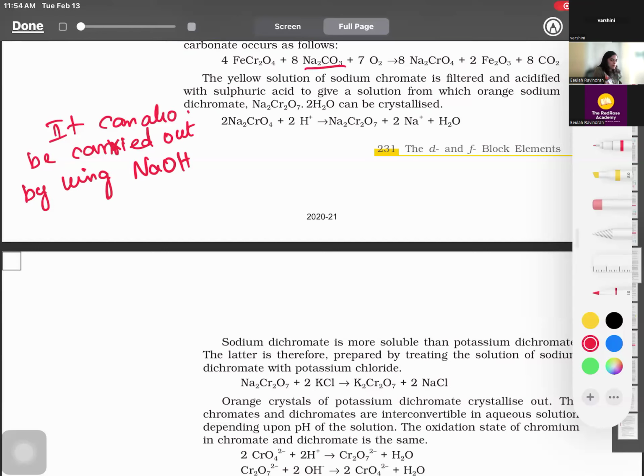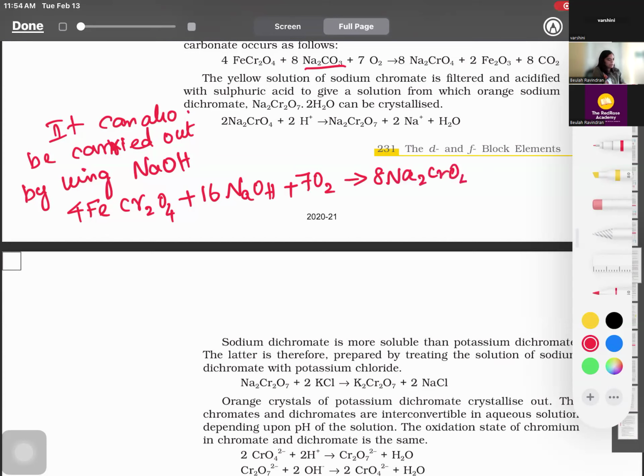What might the reaction be? 4 FeCr2O4 plus, for balancing, 16 NaOH plus excess oxygen 7O2 gives again 8 Na2CrO4 plus 2 Fe2O3 plus 8 H2O. Got it? Clear? Write this reaction also in your book.